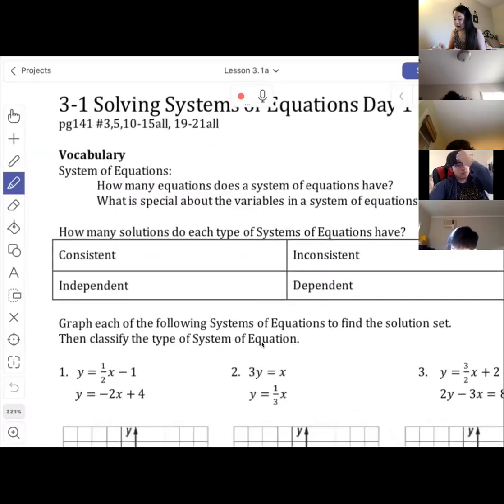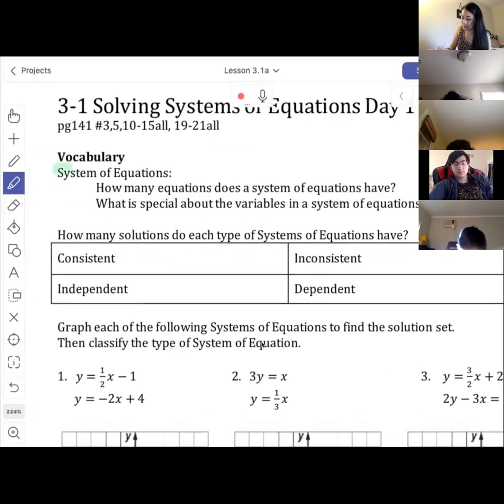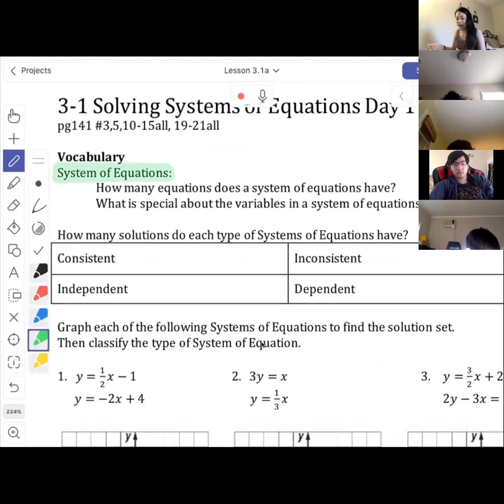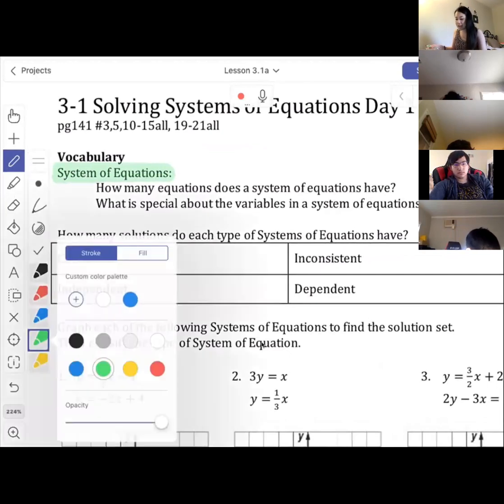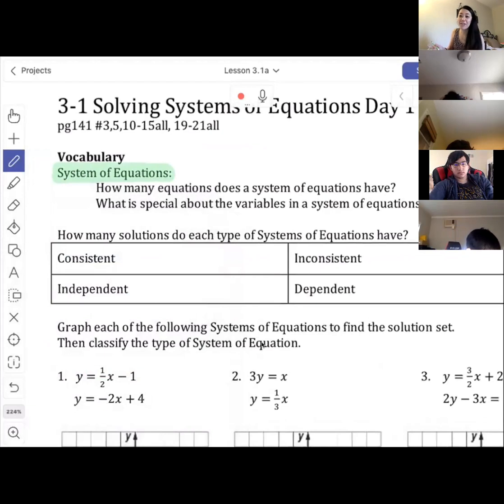So a system of equations, right here. How many equations does a system have? It just can be 2 or more. So typically you guys are going to get systems that have 2 equations, but it is possible to have 3 or 4, et cetera, et cetera.